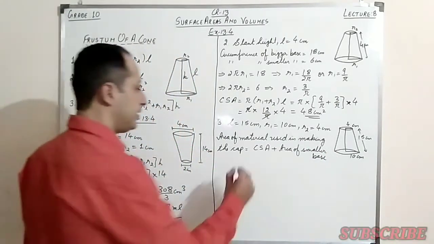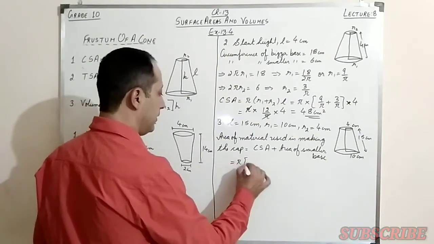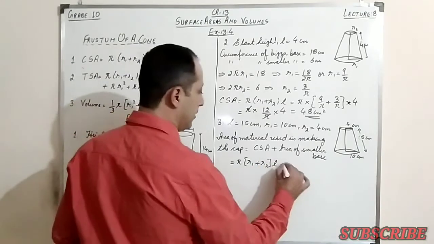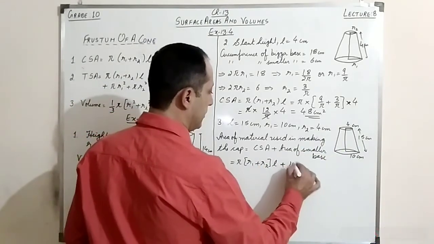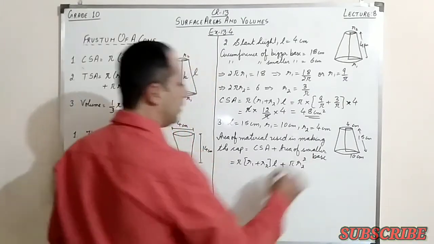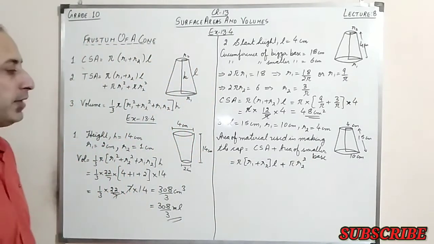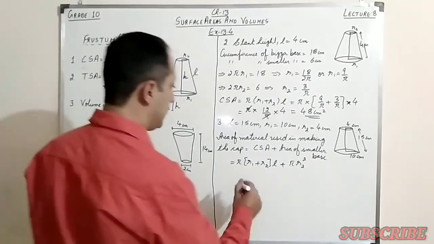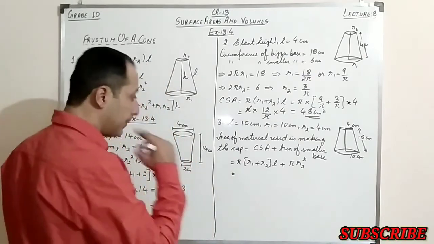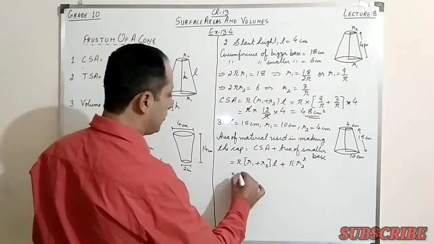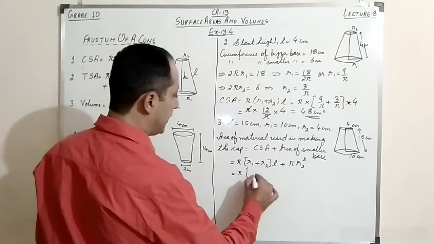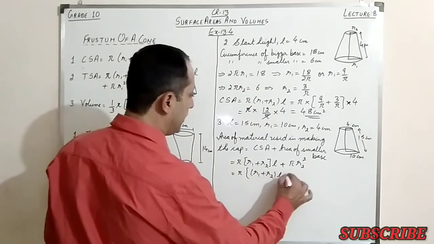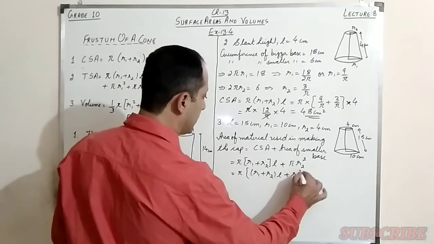Right, so we write it as pi (R1 plus R2) multiplied by L plus the smaller base, pi r2 square. We substitute the values now. We can take pi common if we want. So we take pi common. Inside the bracket it will be (r1 plus r2) multiplied by L plus r2 square.